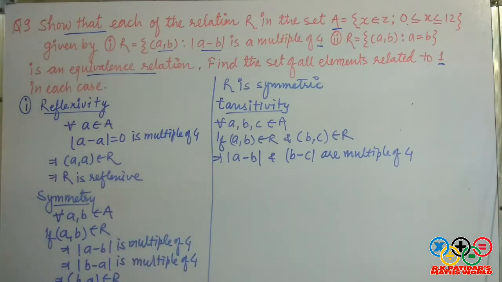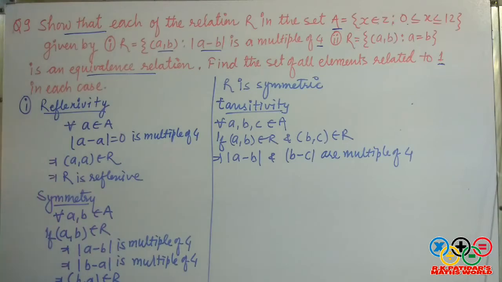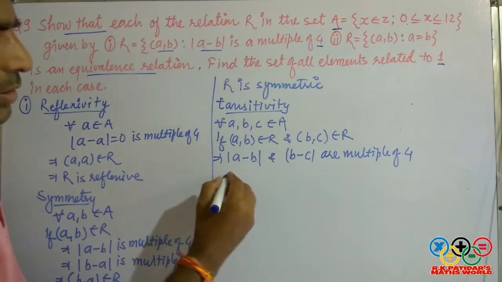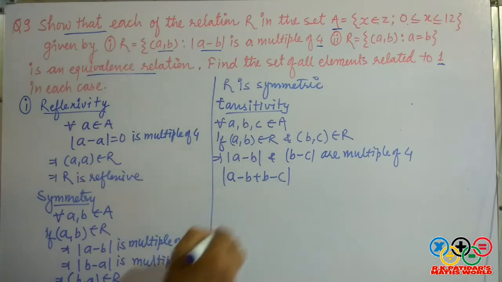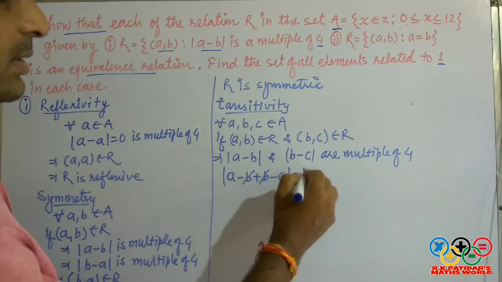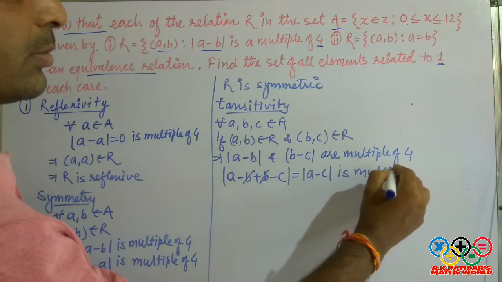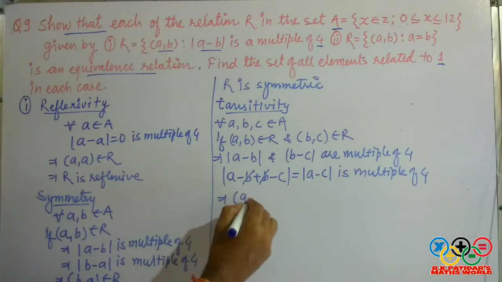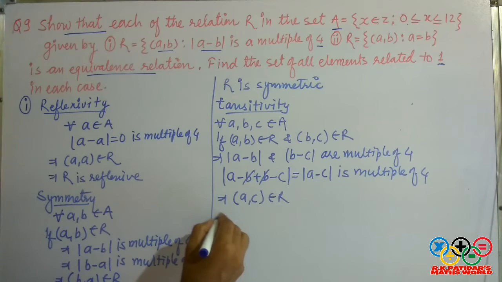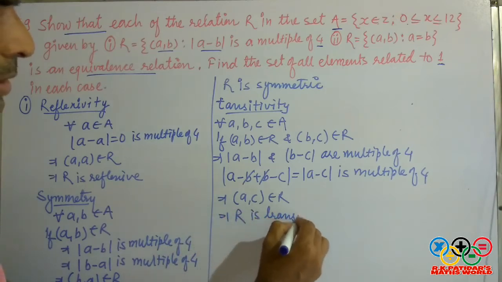If these are multiples of 4, then the sum of two multiples of 4 is again a multiple of 4. So A minus B plus B minus C, B cancels, that is A minus C is a multiple of 4. And if it is a multiple of 4, it means (A, C) belongs to R. This implies R is transitive.